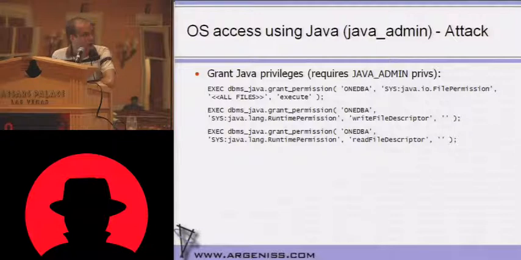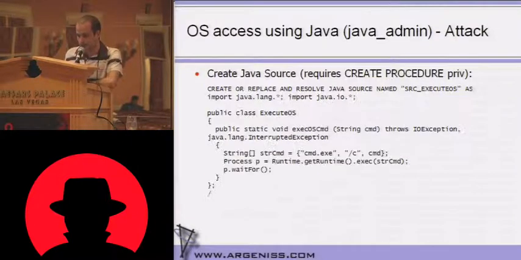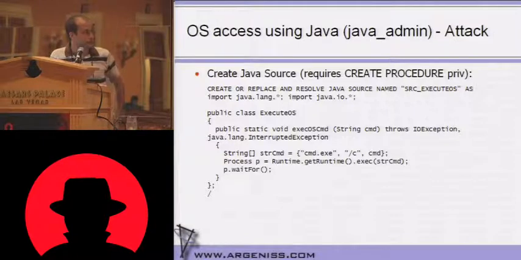These are the statements that need to be executed to grant the Java permissions required to access the operating system resources and execute operating system commands. Then we should execute these statements to create the Java source. Here is the Java program where we use the Java functionality to execute operating system commands.